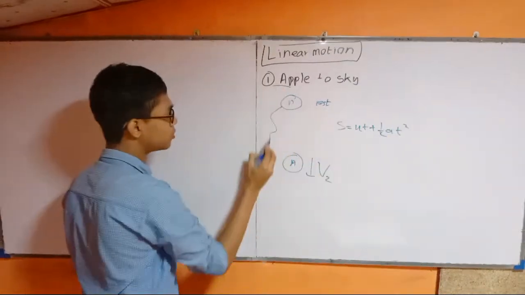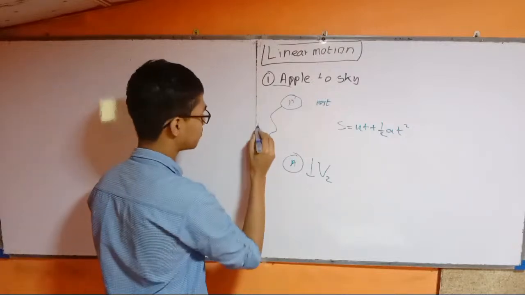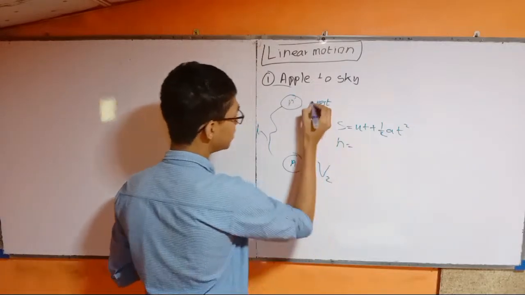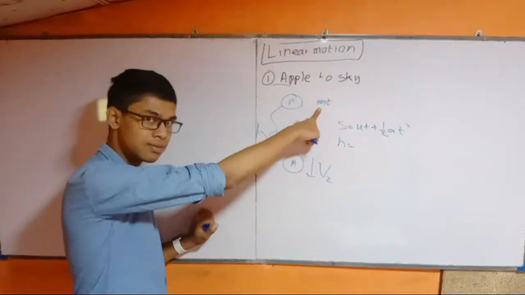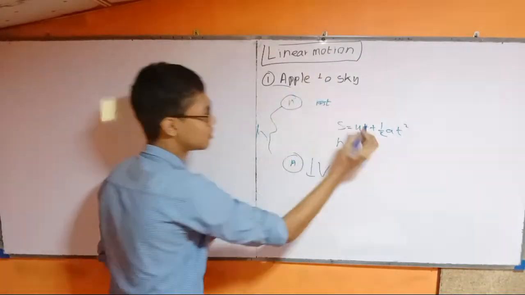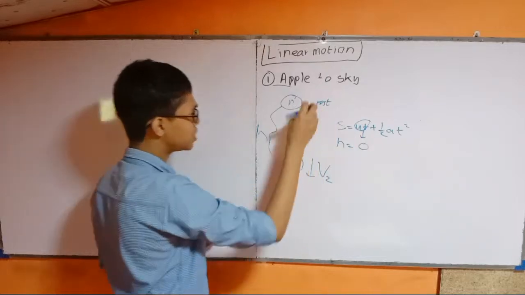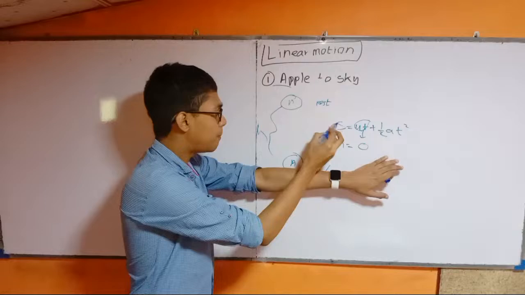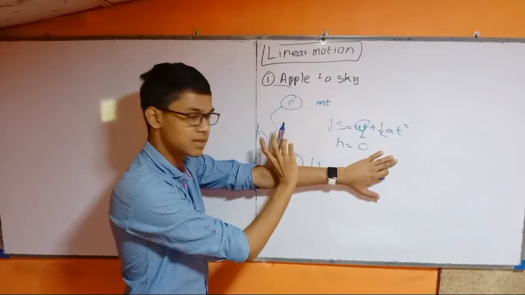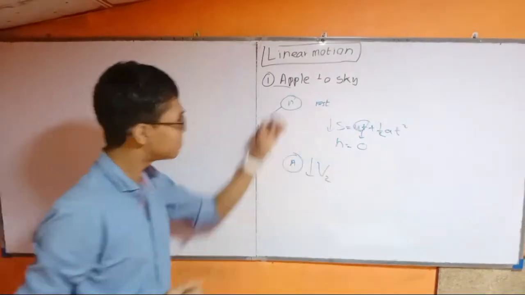Then from here to here, displacement h. So h is equal to initial velocity, and now this initial velocity is 0. So this whole thing will be 0. Now look, acceleration: I'm applying the equation of motion downwards, because it's going down.